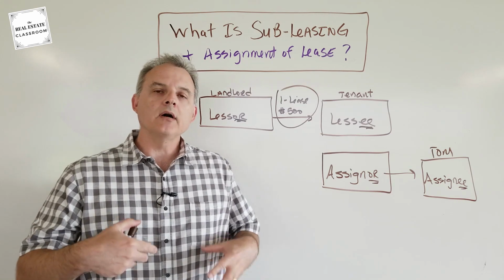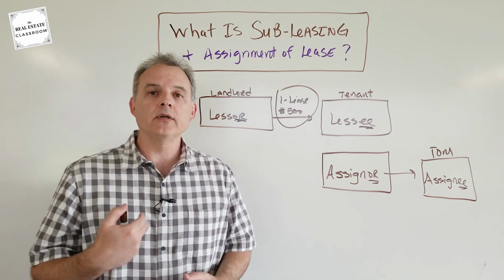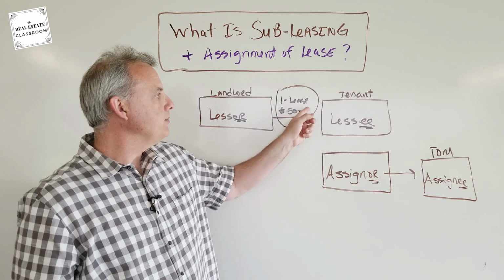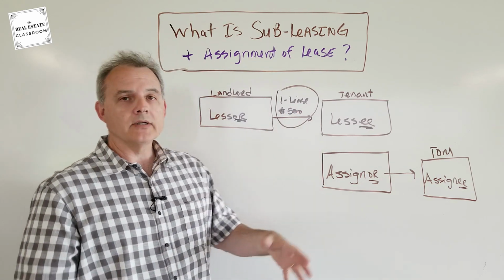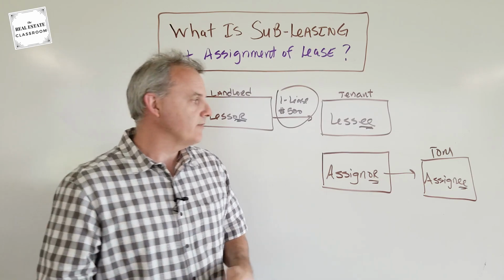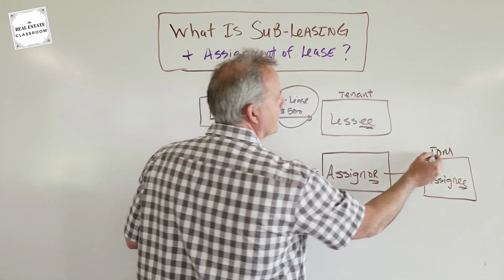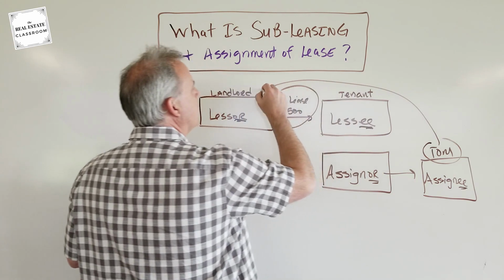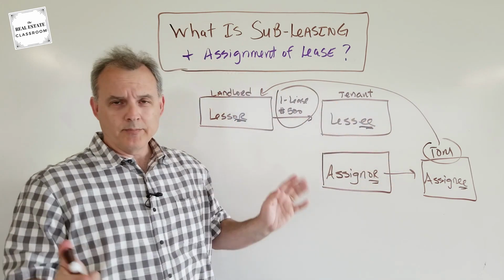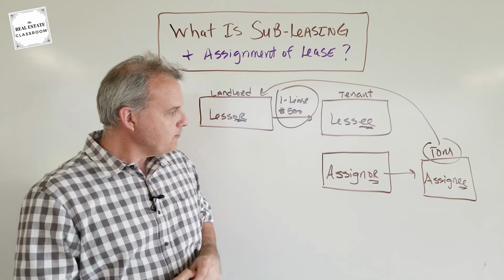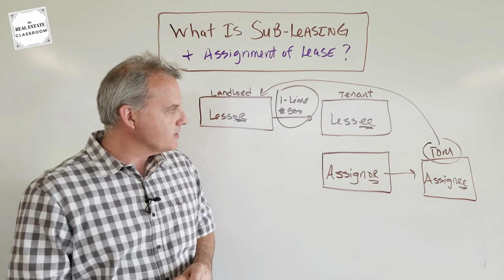Tom still must abide by all the terms of the original lease agreement. So it's still going to be for the balance of the 1 year, $500 a month, and all the other rules and regs. In fact, Tom is more than likely going to pay monthly rent to the landlord. It can go through the tenant, but typically it doesn't. It depends on how the assignment is set up.